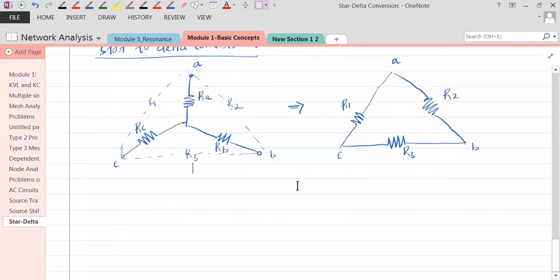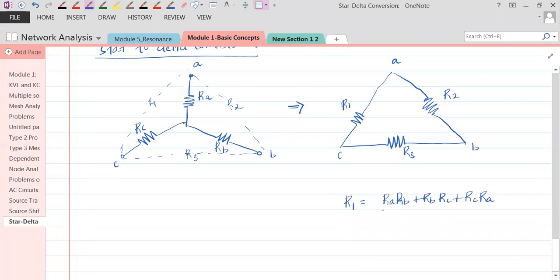See here, everybody. Your R1 would have, in the numerator, the sum of all the products, that means RA RB plus RB RC plus RC RA.